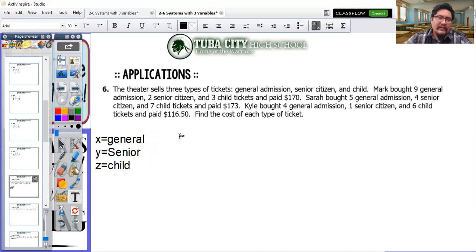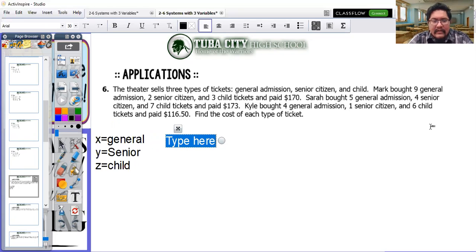Now it's time to set up our equations. We're going to have to do this ourselves. So again, we have the introduction, and now we should have what I call the clue statements or the body statements. That's the actual stuff that we need to get. First one we have is a guy, Mark.